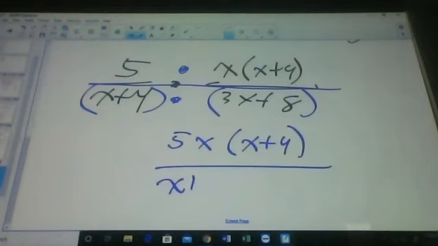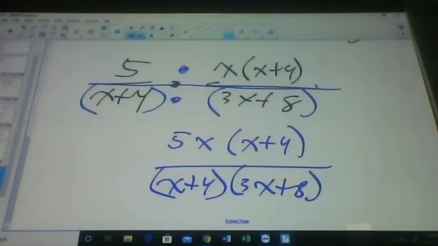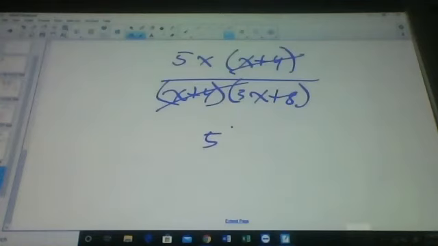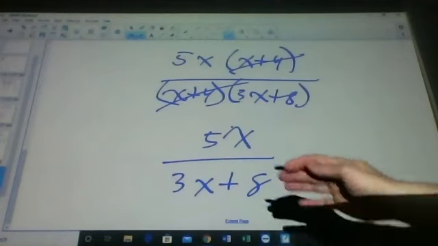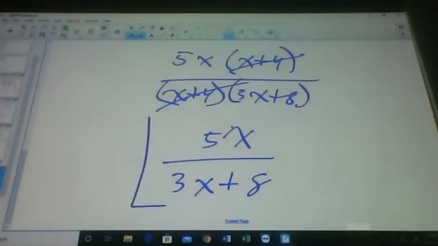And I have this x plus 4 times 3x plus 8. This cancels. And I'm left with 5x over 3x plus 8. The x cannot cancel because it's a term. It's linked to this 8 with a plus sign, so you can't cancel it.